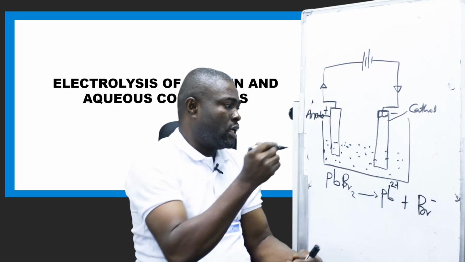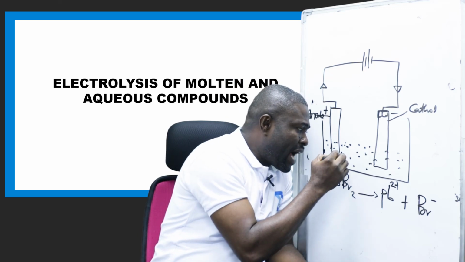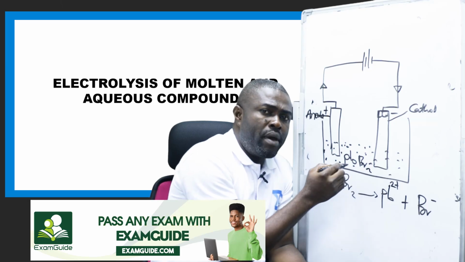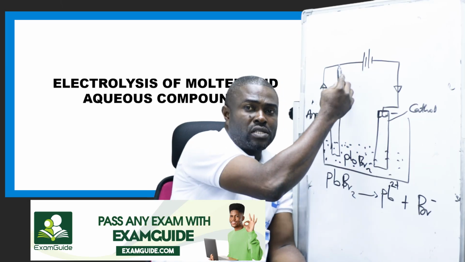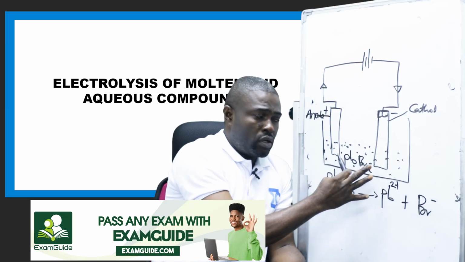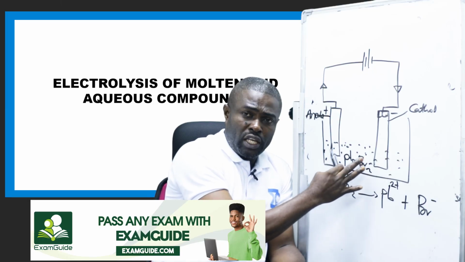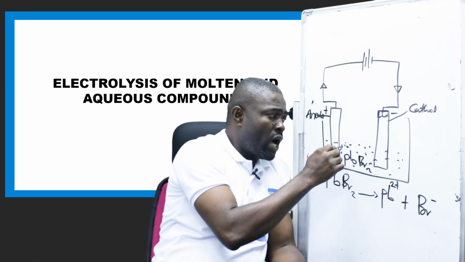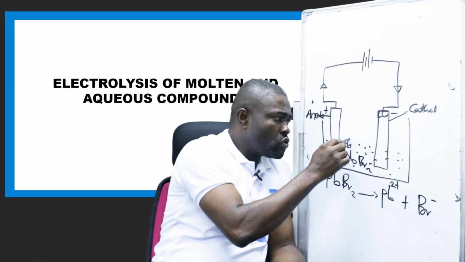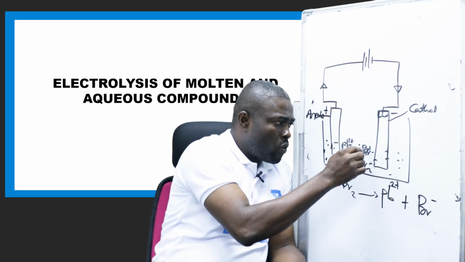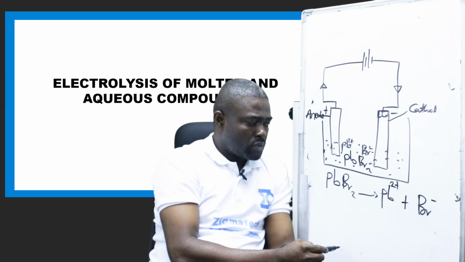Let's do that. That means inside here, I have lead-2 bromide. The moment the current starts passing through, what happens? The ions, which are already in mobile phase, definitely the positive moves to one end. So I'll be having lead-2 here, and I'll be having bromide ion.